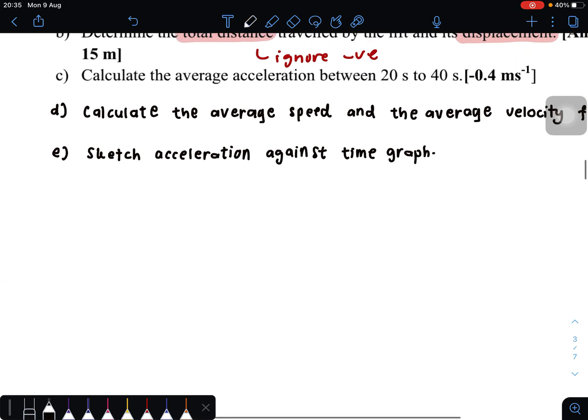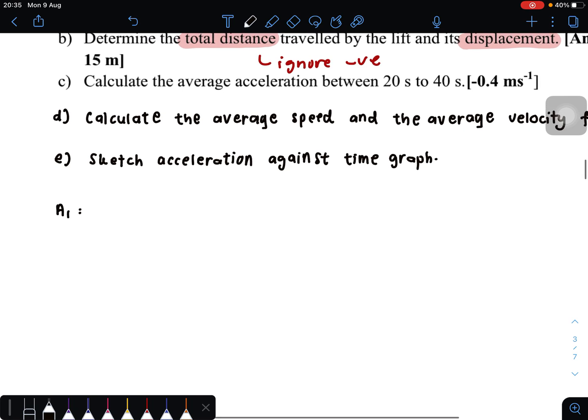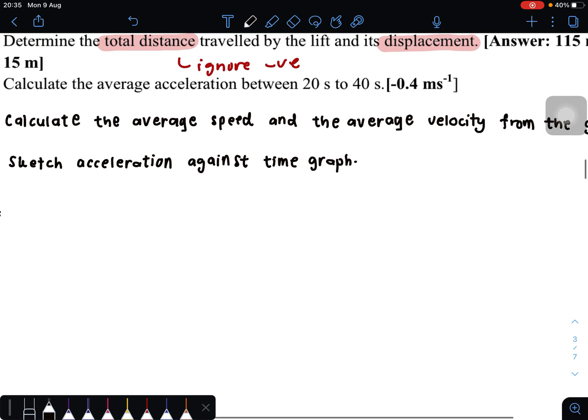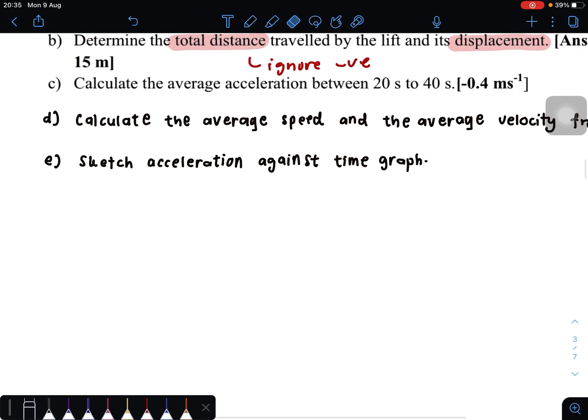Okay, so kita buat one by one. So A1, let me write down the formula first. Formula for the area: half times the height and the base.